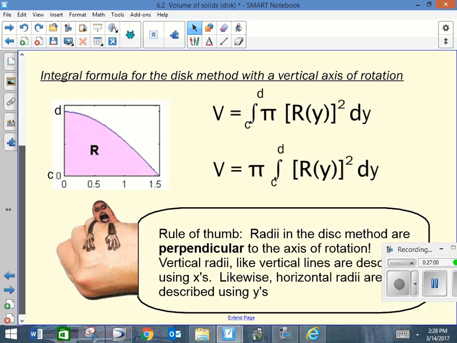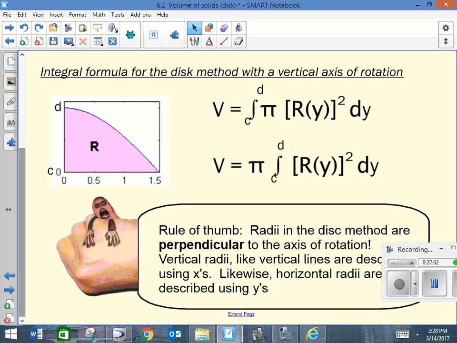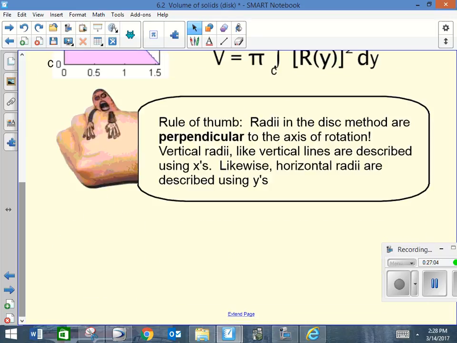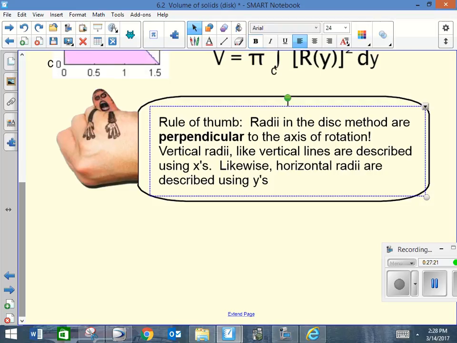Same idea, we pull the pi out. And now it's gross. All right. Be careful, radii in the disk method have to be perpendicular to the axis of rotation. You are not even going to probably think about this today, but please do, because it'll make the next 2 days a lot easier if you can recall that. Okay? Vertical radii need X's, horizontal radii use Y's.